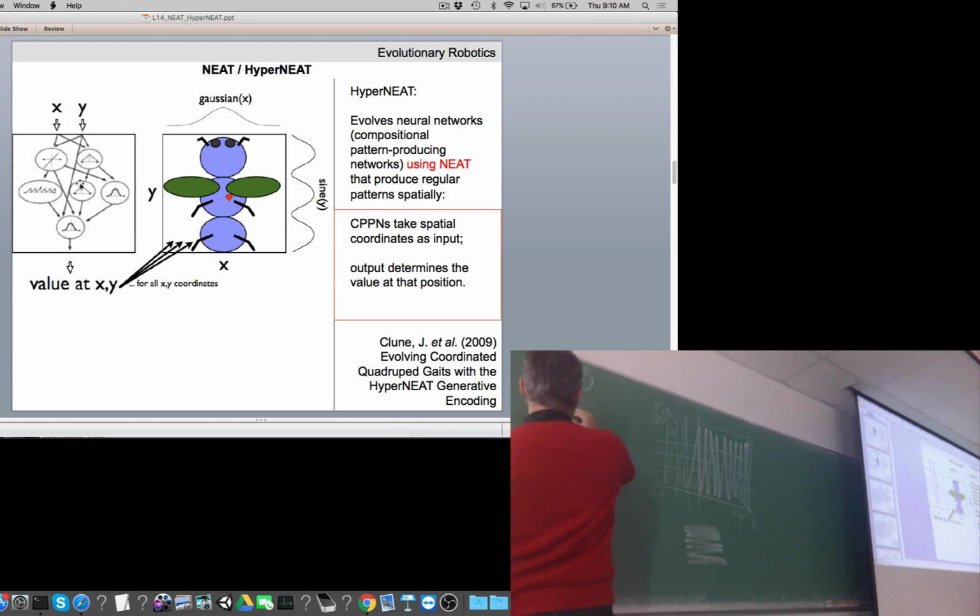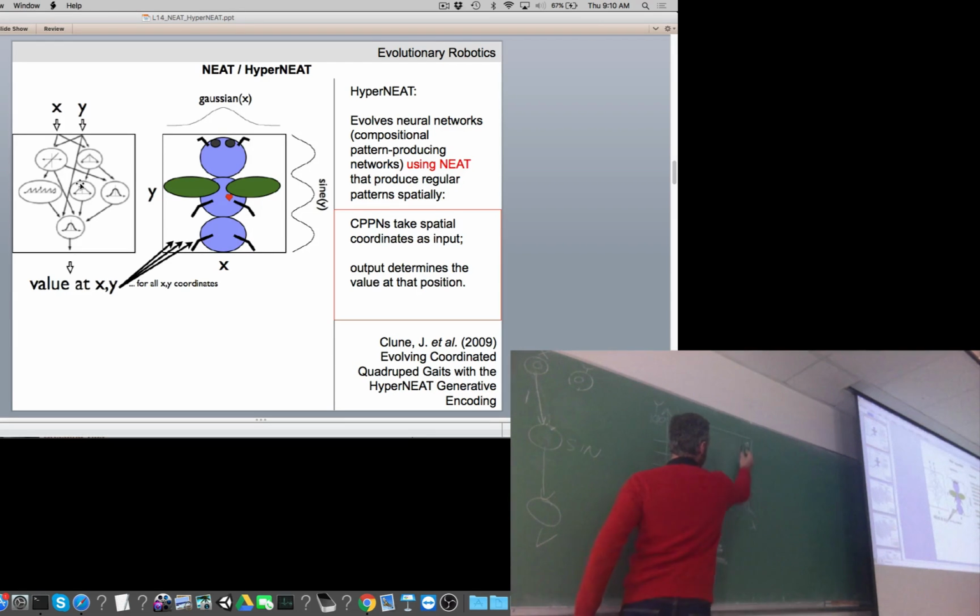Actually, let's simplify this. Let's connect just the X input neuron to our sine hidden neuron, and from there out to the value. What kind of pattern are we going to get inside of here now?